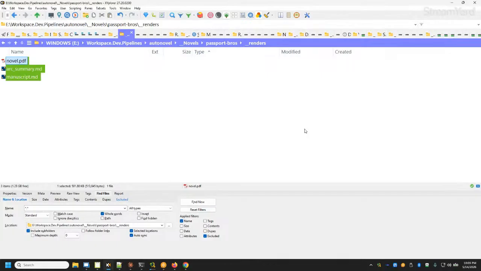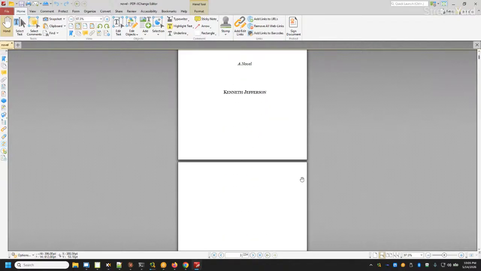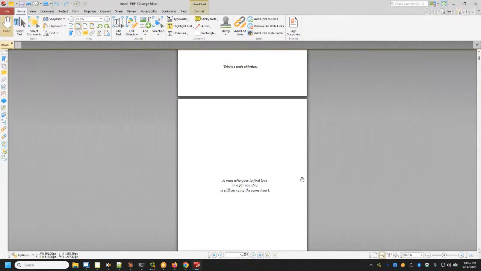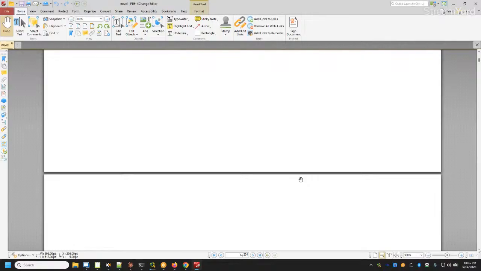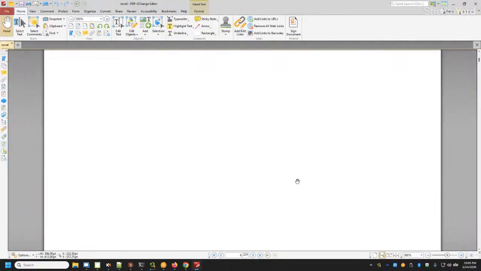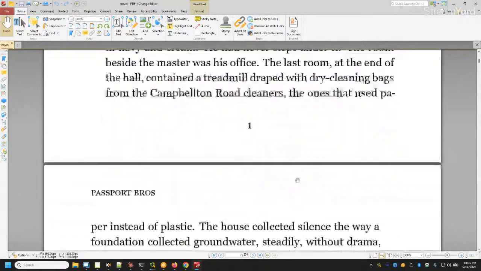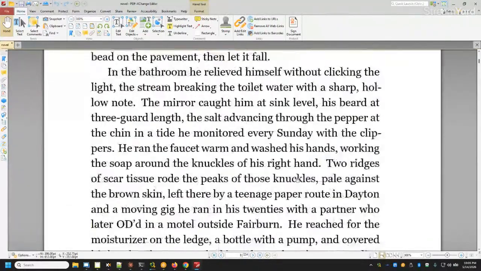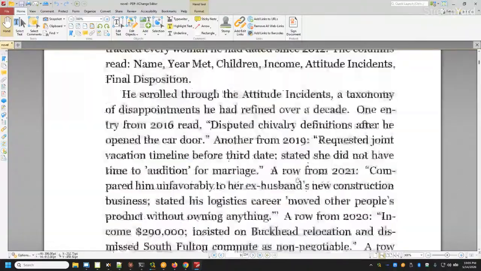But yeah, I created a book on Passport Bros. This is 234 pages. I didn't get rid of all the blank pages. All of this was written by Kimi K2.6, and the rendering issues look like they have been fixed.